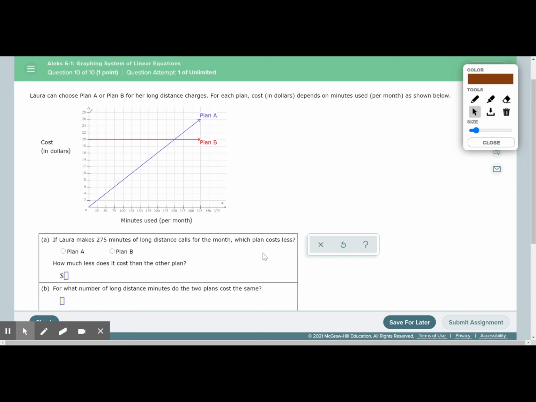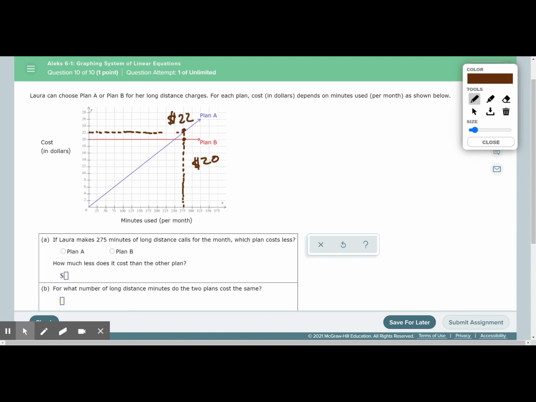So we're going to look at 275 minutes. Which one is going to cost less? At 275 minutes, plan B will cost $20, and plan A will cost about $22.